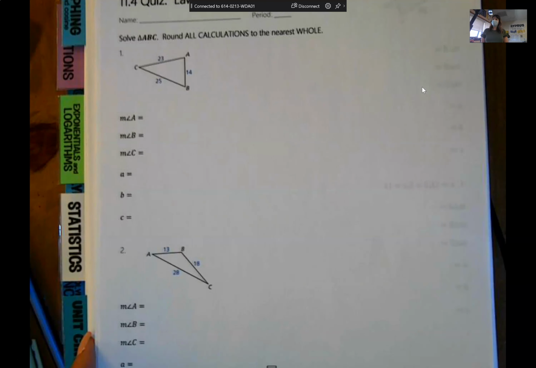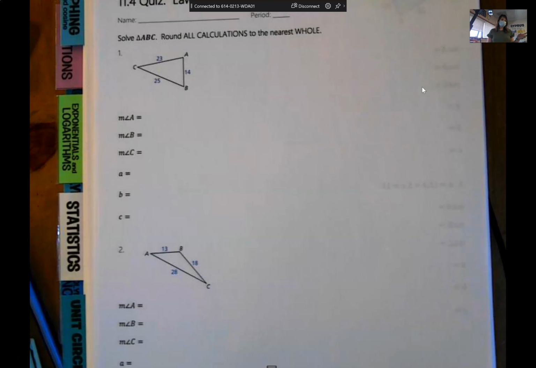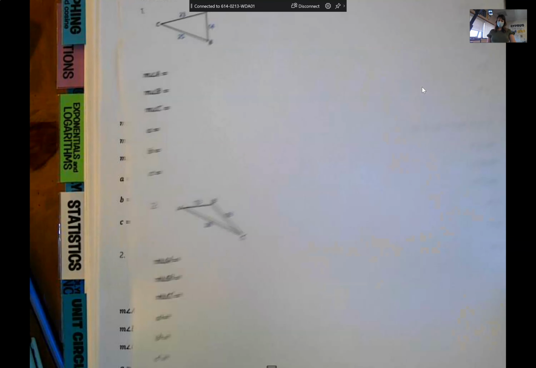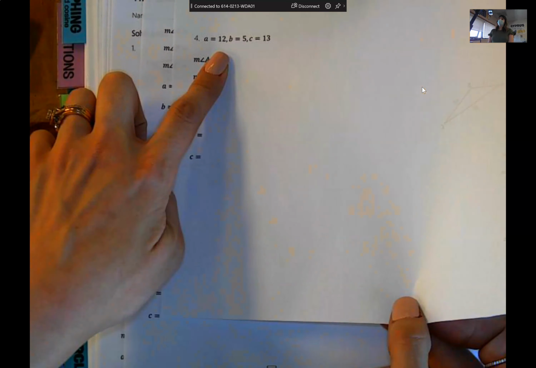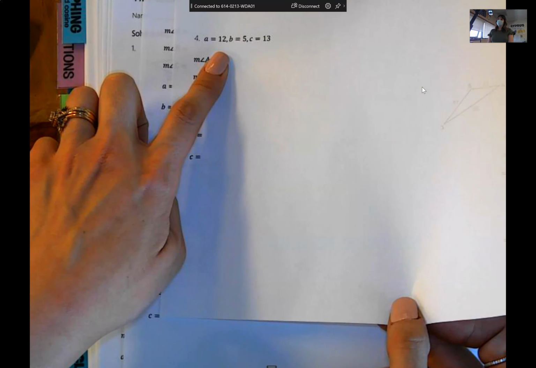You're not required to. I just give it to you, one, because some of you guys like to leave, and two, I think it's helpful for you to show work when you're doing these. We're okay? It's 4 problems. It's 3 triangles. And then just one where they give you the numbers. Okay. I will publish it really quick.